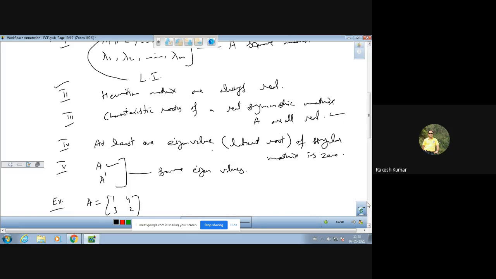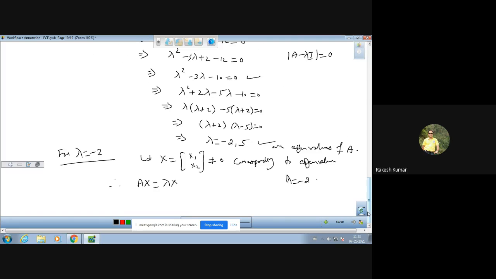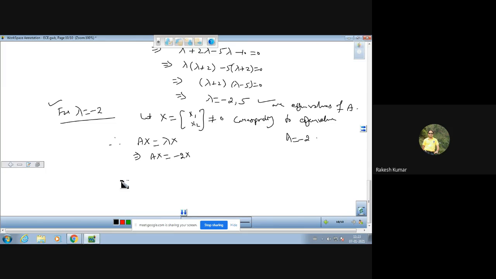So now use the value of lambda, which is minus 2 in this case. So Ax is equal to minus 2x, and after taking this on this side, (A plus 2I) into x should be the 0 vector, the null vector. Put the value. What is A?